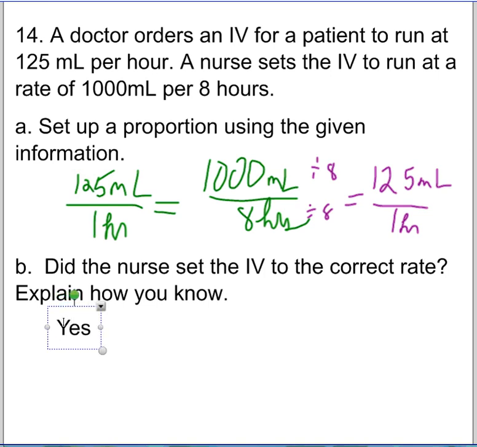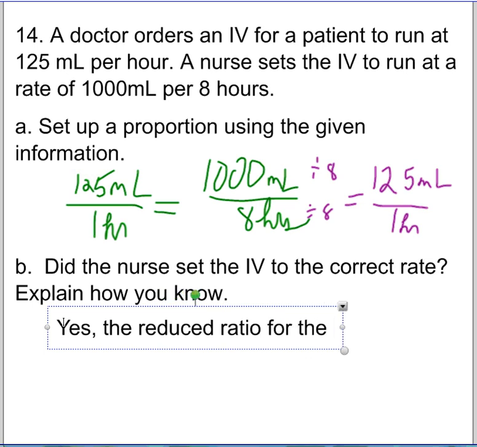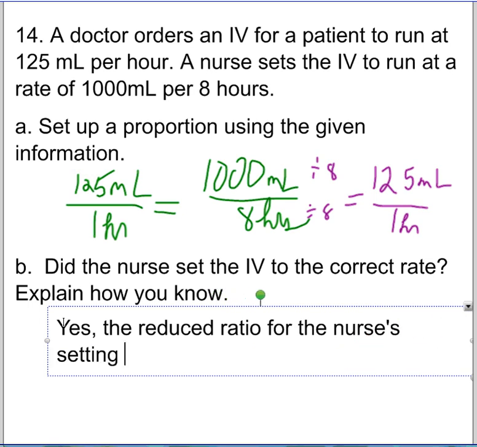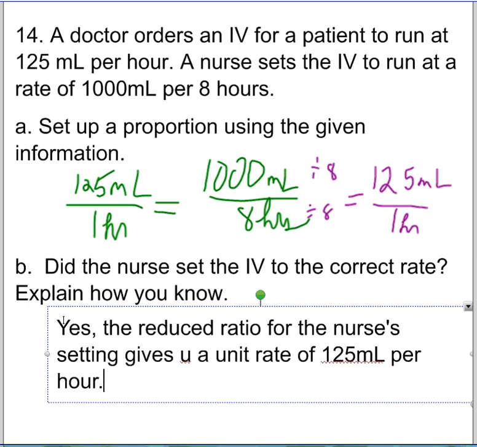So, yes, the reduced ratio for the nurse's settings gives us a unit rate of 125 milliliters per hour. So they matched.